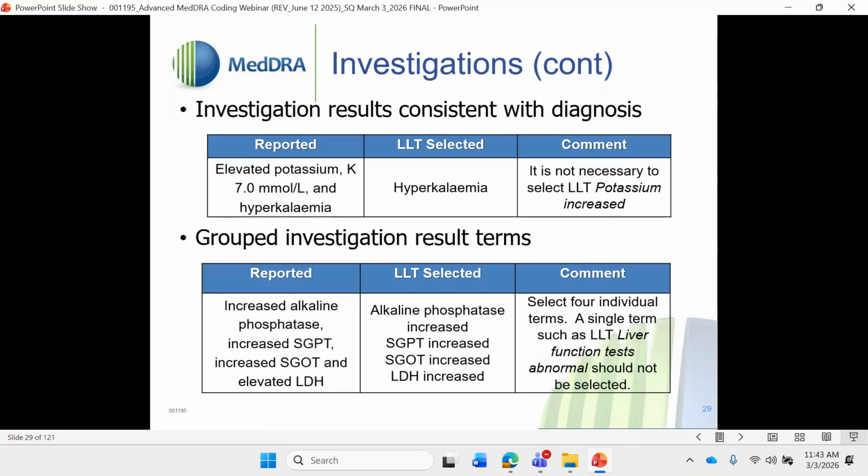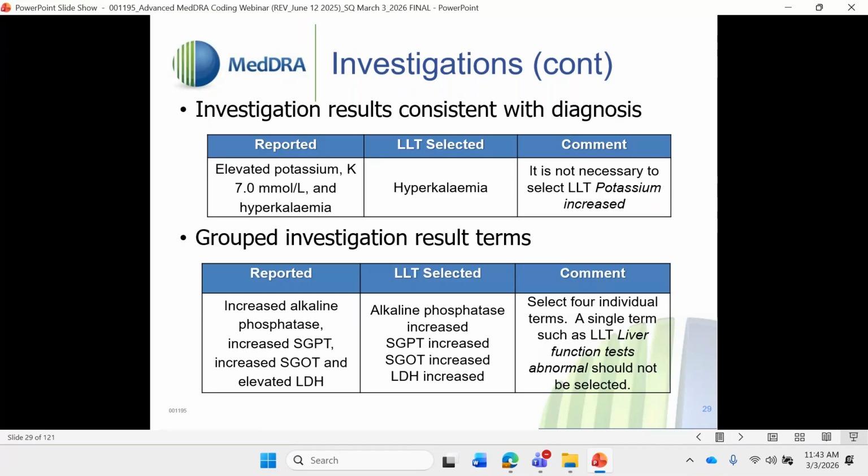Now, investigation results that are consistent with a particular diagnosis. We touched upon this a little bit before. So if they say elevated potassium, and then they give you the lab value of potassium of 7.0 millimoles per liter and hyperkalemia, the person selected hyperkalemia because you're going to have to again look at your standard lab reference ranges.